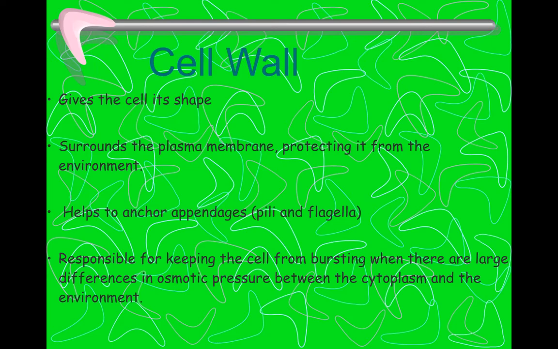So what that means is if you have a pressure gradient from inside the cell to outside the cell, if there's a big difference in pressure, the cell can swell or shrink. And we don't want it to burst if it gets too swollen, so that cell wall helps it keep its shape so it doesn't burst.